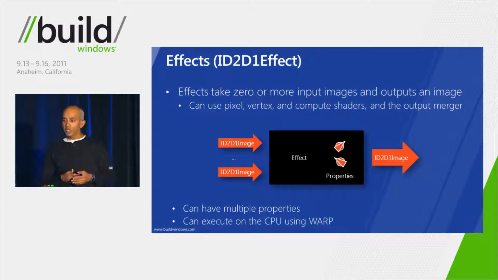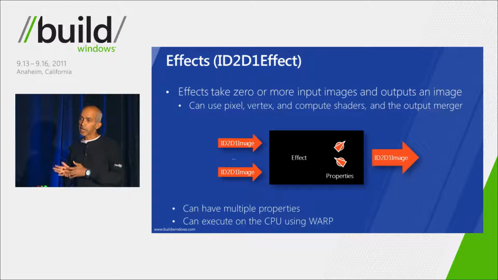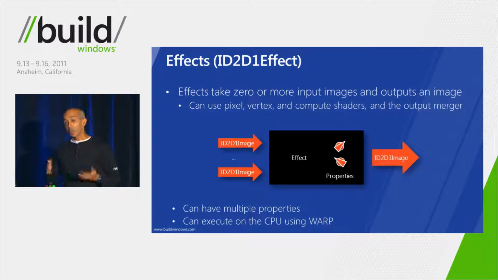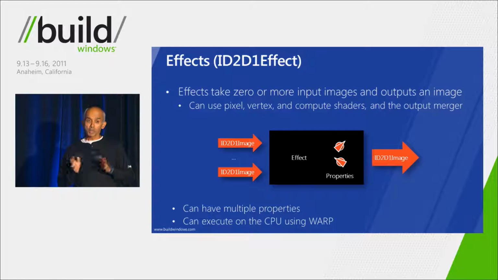So the effects utilize the GPU to achieve the effects desired. They can utilize the pixel shader unit. Most of the effects that you can think of, like the lighting effect or whatnot, are achieved using the pixel shader unit. They can also use the vertex shader. A common example there is something like a page curl, which changes the geometry of the output itself.